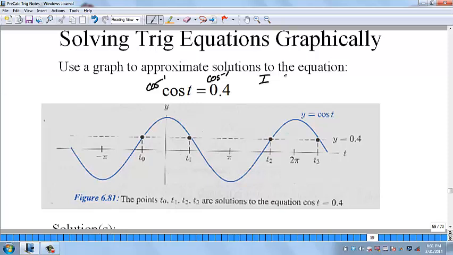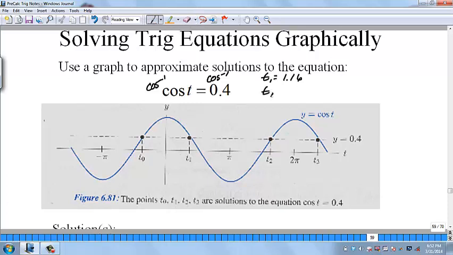t would actually be 1.16. So I know the cosine, and we're in radians, so it's 1.16, is going to be the first time that this is 0.4. Then if I go over here, I'll notice the second time this happens, well, I shouldn't put quadrant 1. Let's put this T1 because that's what they called it.